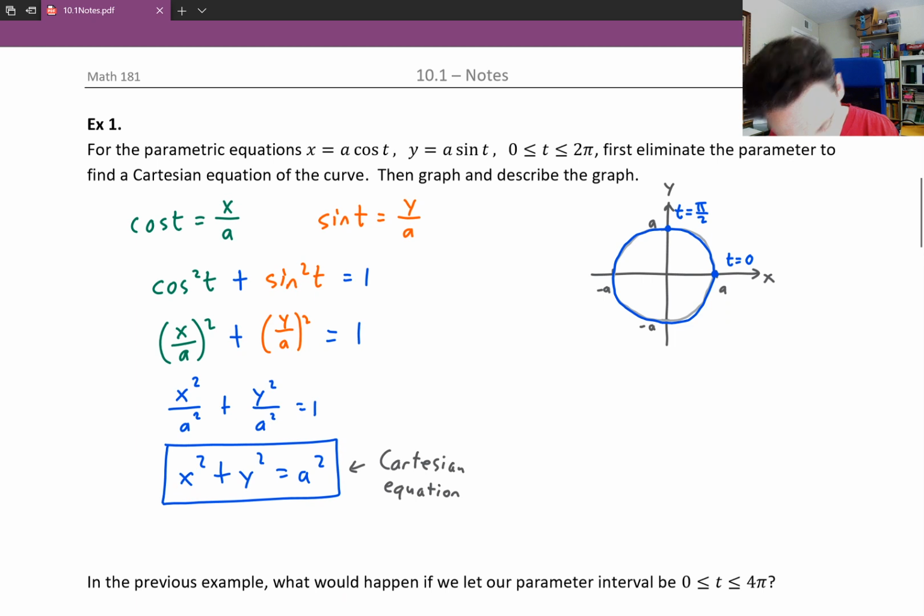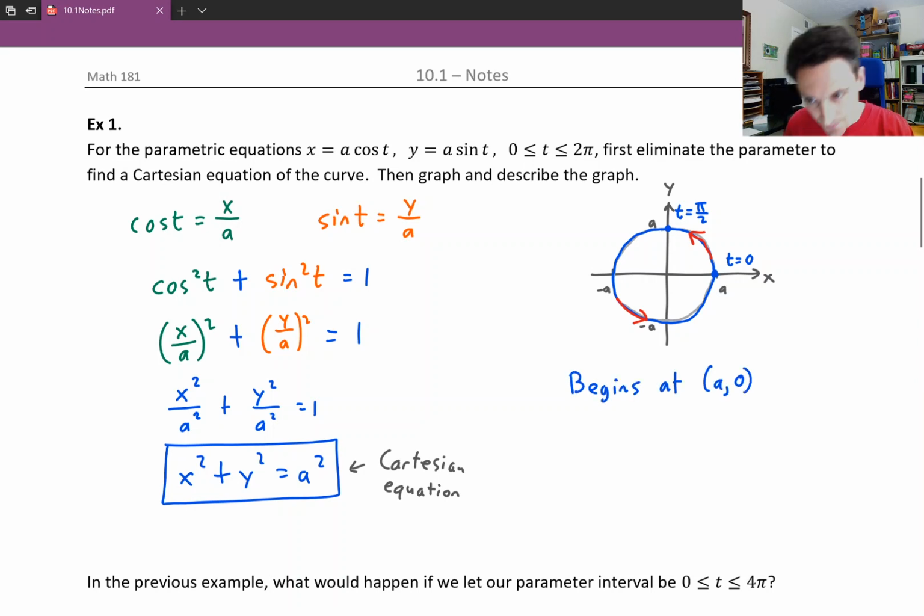Trace my bad circle. I'm going to put some arrows that indicate the direction that we're traveling. We're traveling counterclockwise. So it says describe the graph. Well, it begins at a comma 0, and it walks along the circle centered at the origin with radius a.